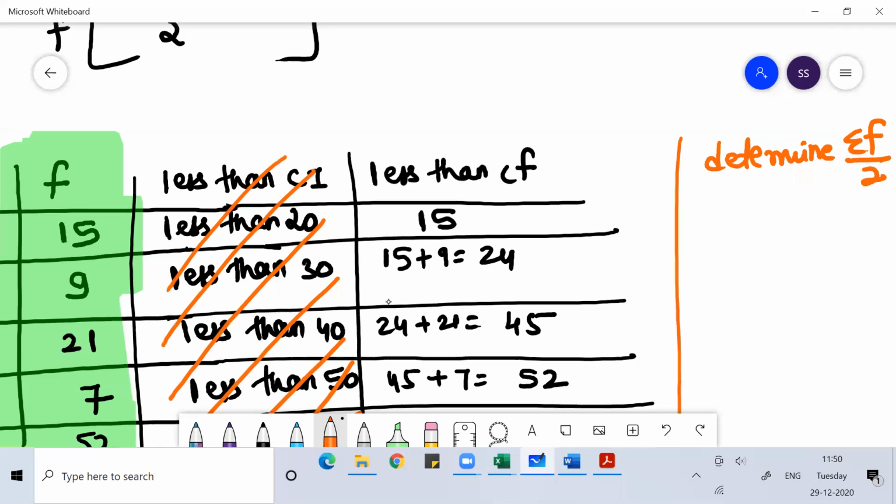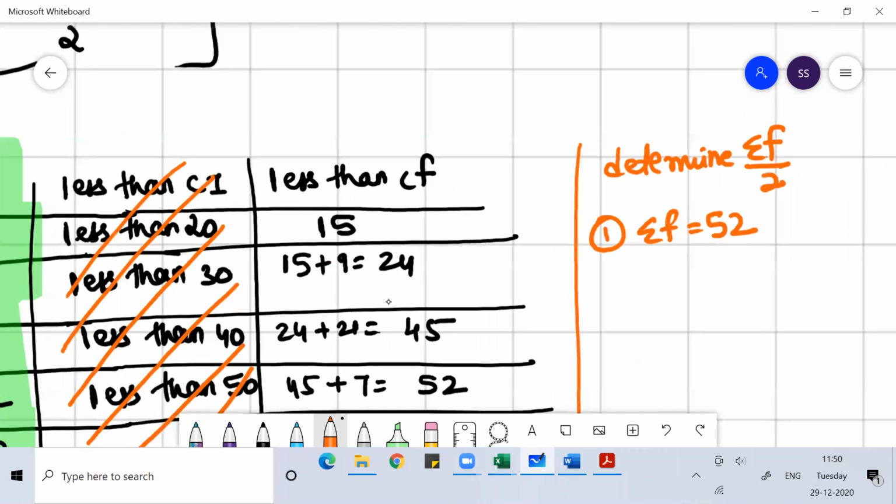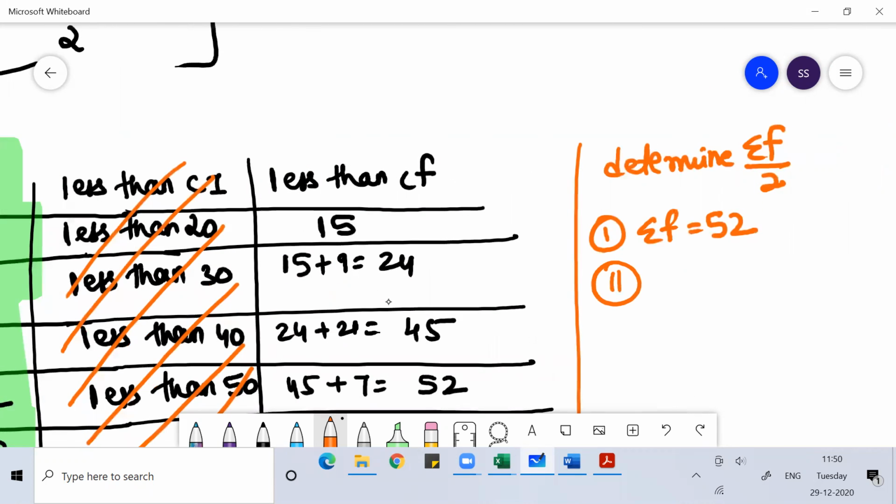The sum of f is 52, so the sum of f by 2 is 52 divided by 2, that is 26. So the sum of f by 2, I got 26.